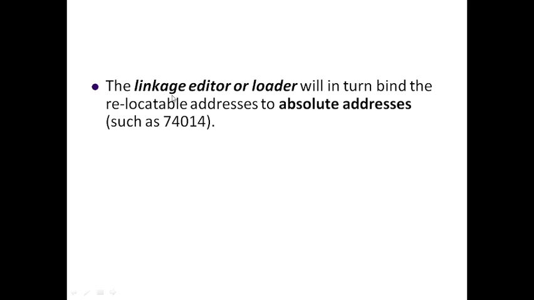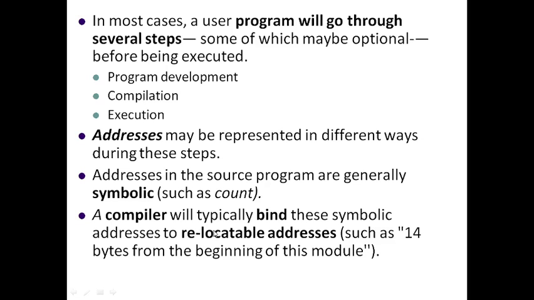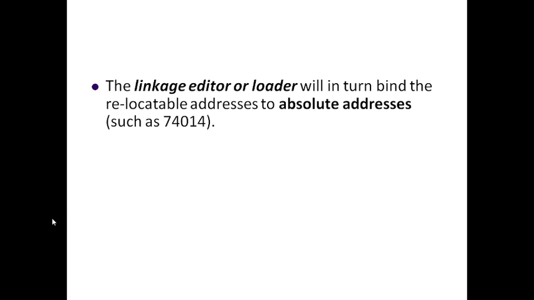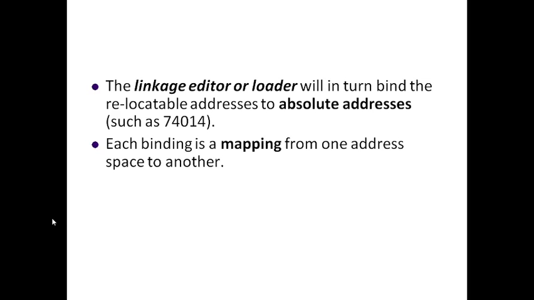And then finally, the linkage editor or the loader will convert the relocatable addresses to absolute addresses or physical addresses. So these are the three stages of addresses as of now, but we will extend the list further later. As of now, the program contains symbolic addresses, the compiler converts symbolic addresses to relocatable addresses, and then the loader converts the relocatable addresses to physical addresses or absolute addresses. This is what is called mapping.